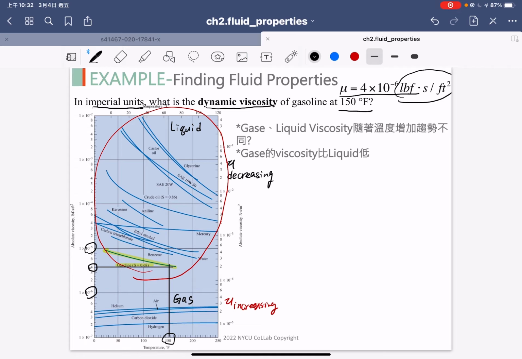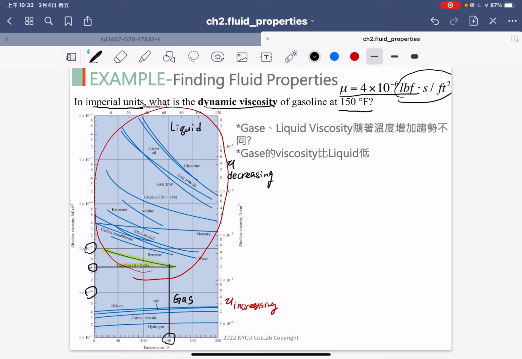As I mentioned, gas and liquid have different trends for viscosity as a function of temperature, and the viscosity of the gas is always smaller than the liquid. So you need to keep in mind these two important properties, but you don't need to remember the numbers of the viscosity. For our exercise, usually I will provide the numbers and the table.